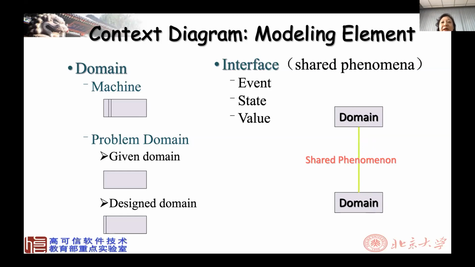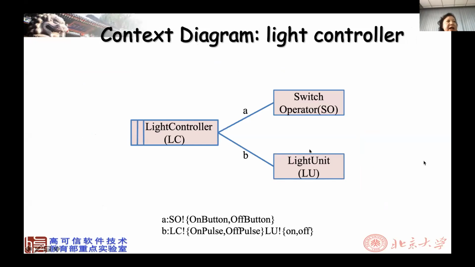Let's see an example of a simple context diagram. This is a context diagram that shows the light controller. So the machine domain is a light controller, and this problem comes from two entities. One is the switch operator. That means through the switch, an operator can operate on the light.